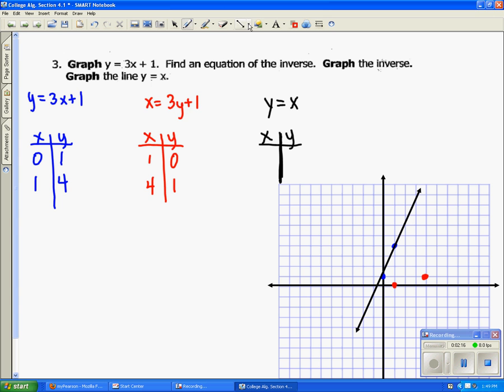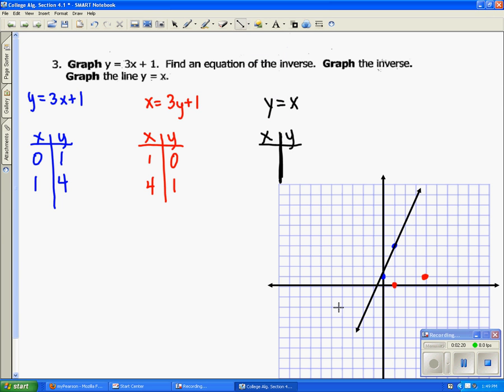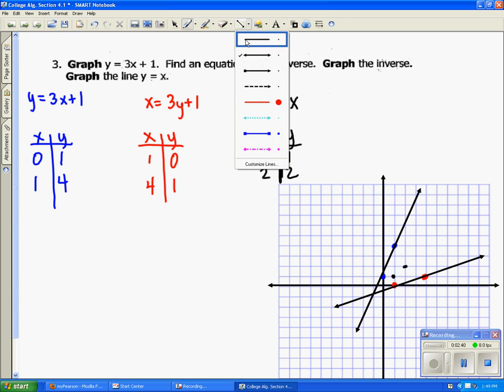I'm going to sketch a line through it, which is roughly there. And then they say graph the line y equals x. So when x is 1, y is 1, and when x is 2, y is 2. So then I'm going to get 1, 1, 2, 2, and sketch that.